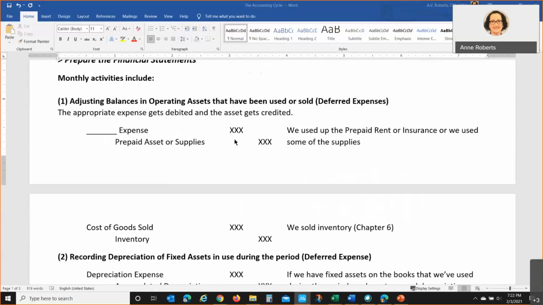We've got those prepaid assets like prepaid rent, prepaid advertising, prepaid insurance. Did we use some of that? If we did, we've got to take it out of the prepaid asset and put it into rent expense, insurance expense, advertising expense. If we had previously purchased supplies and we've now used some of those supplies, we've got to take it out of the supplies and put it into supplies expense.